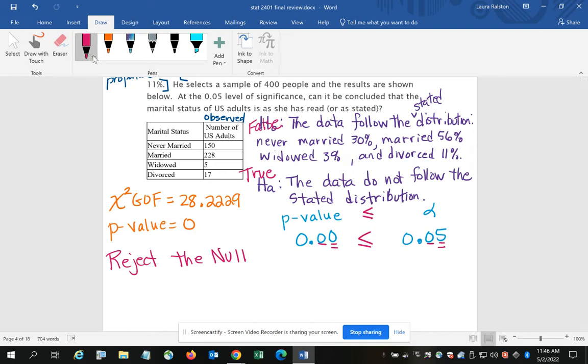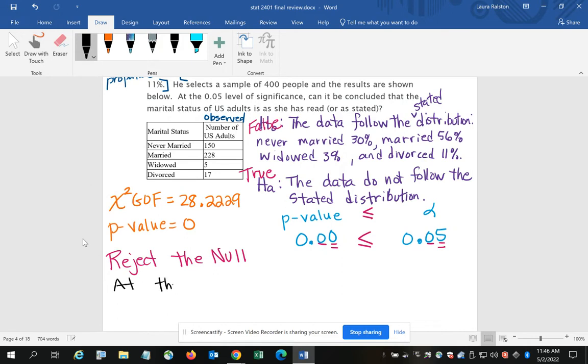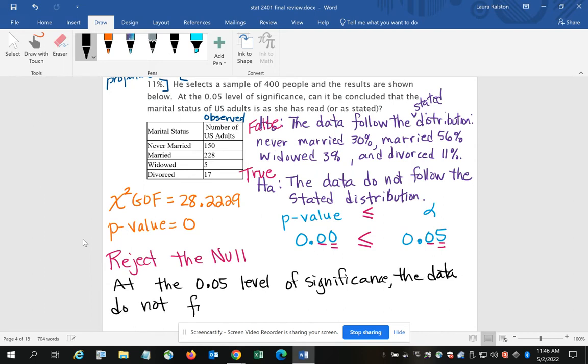So in this scenario, what that means is at the 0.05 level of significance, the data do not follow the stated distribution, which again, the stated distribution is never married 30%, married 56%, widowed 3%, and divorced 11%.